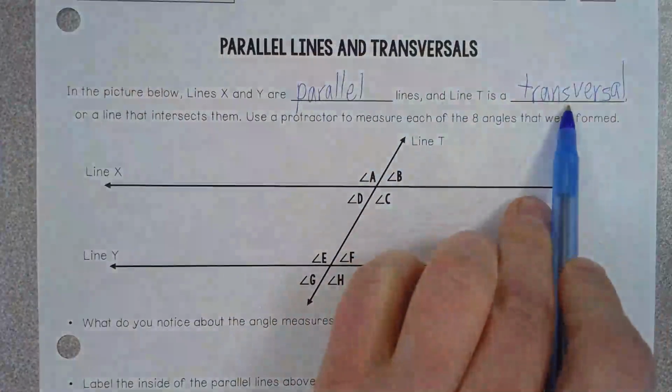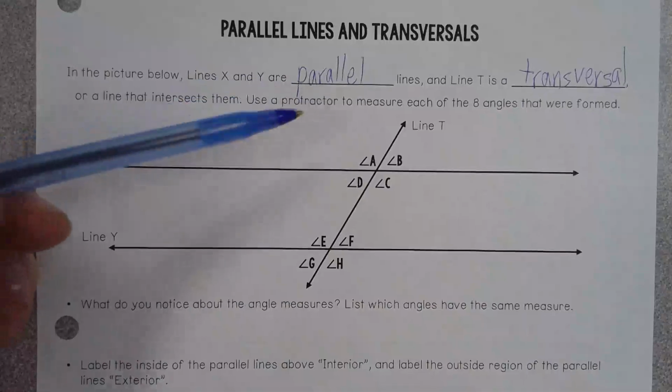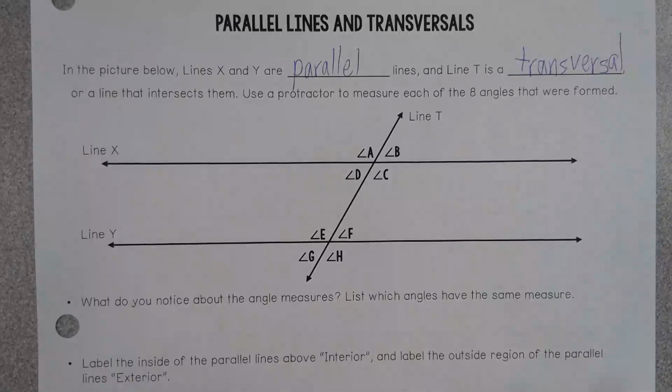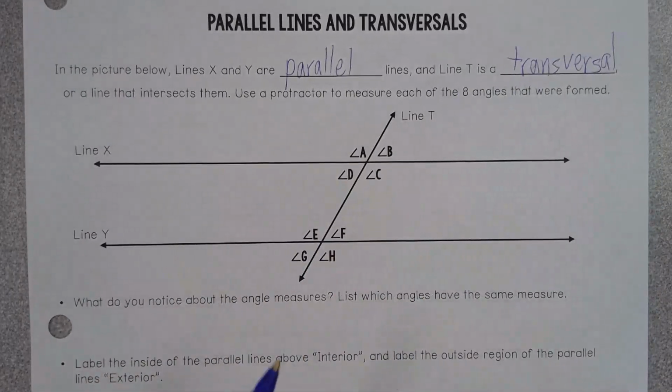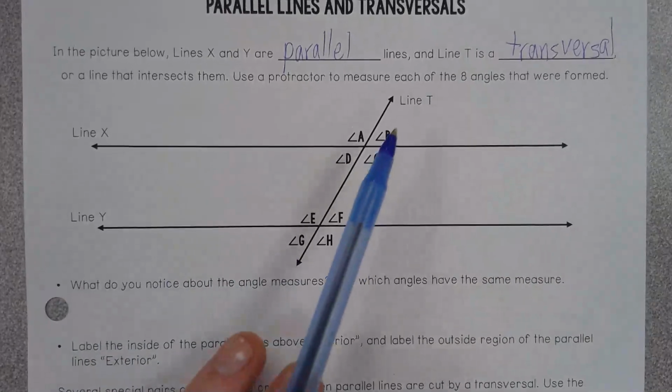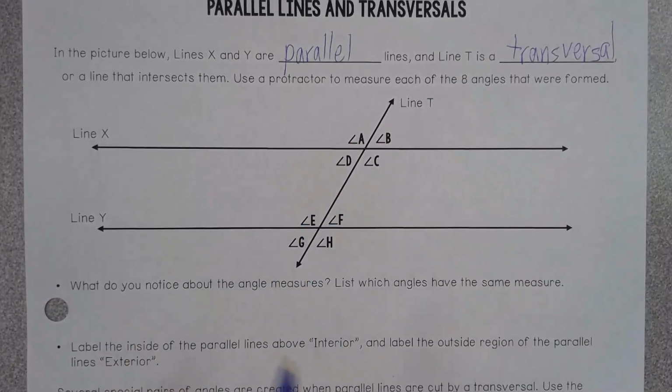A transversal is a line that intersects two or more other lines. Usually, we're talking about parallel lines. A transversal doesn't have much meaning unless it's intersecting parallel lines, because a transversal helps us know about a bunch of angle relationships that helps us prove whether they're the same or different.